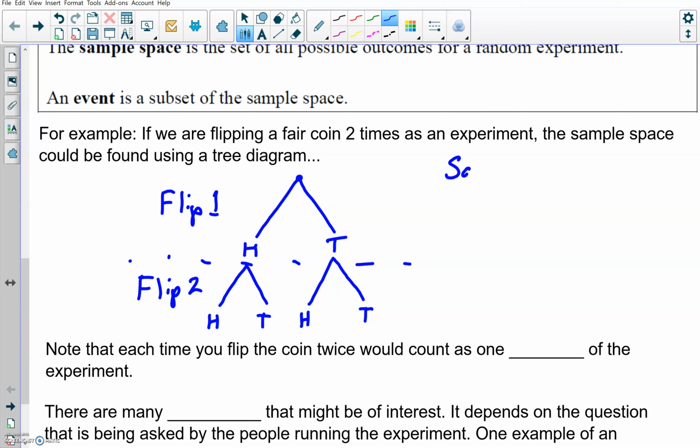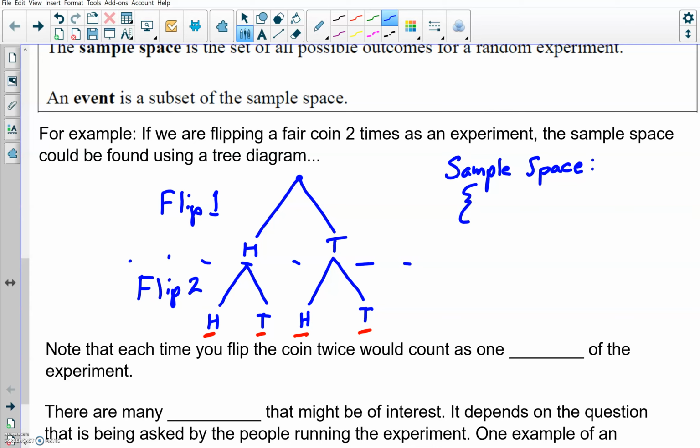So the sample space for this: the reason the tree diagram is nice is that as you go down the branches and get to the ends, here, here, here, and here, you will have all the possible outcomes for this particular experiment.